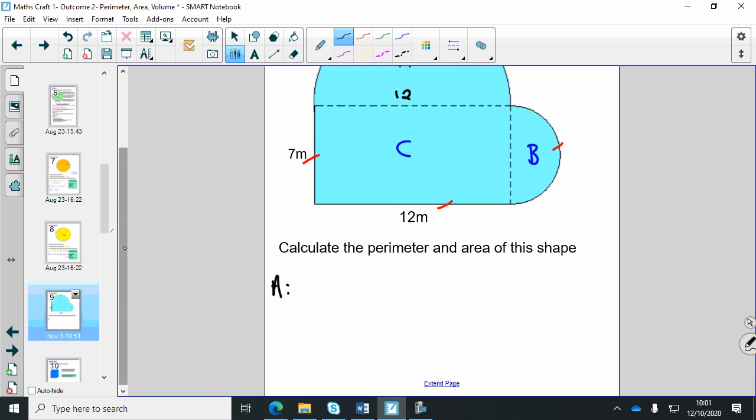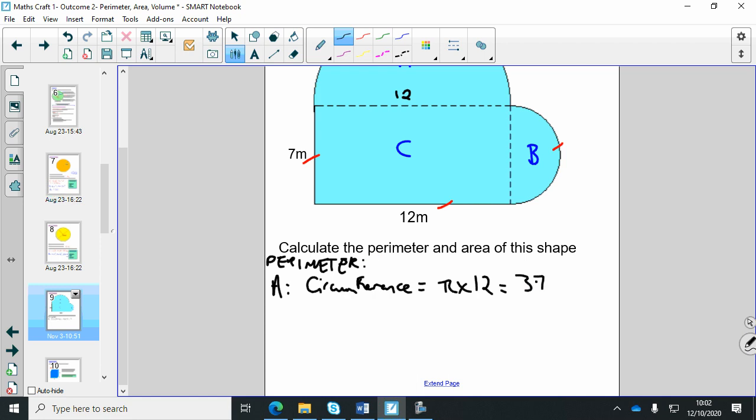So the circumference is going to be pi times 12. This is for the perimeter. So pi times 12 gives me 37.70.